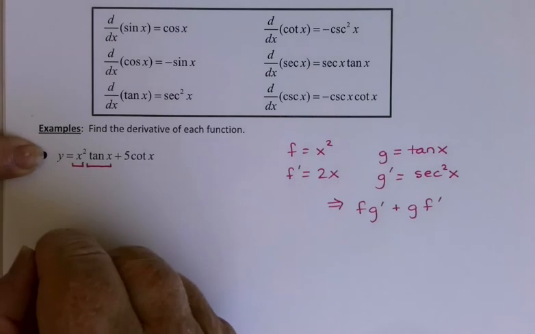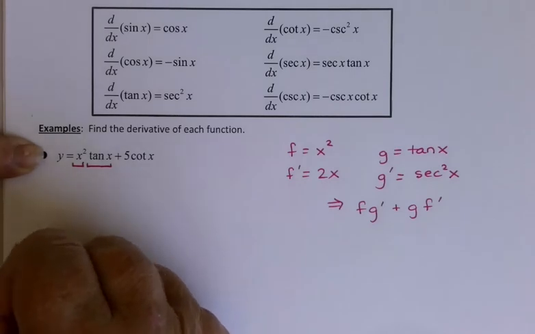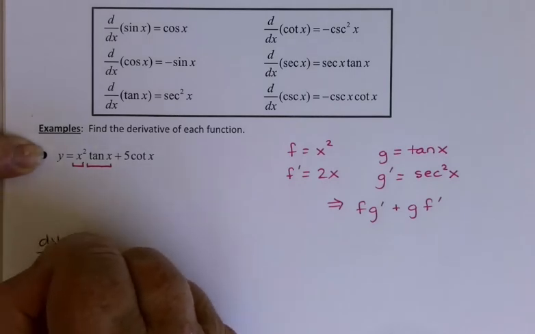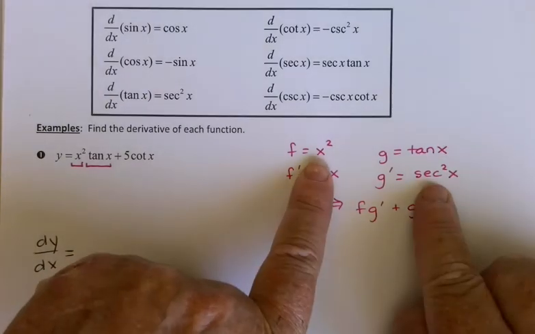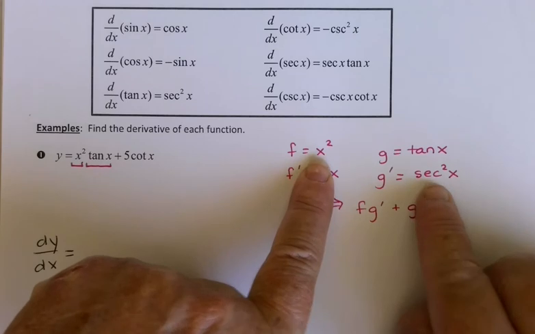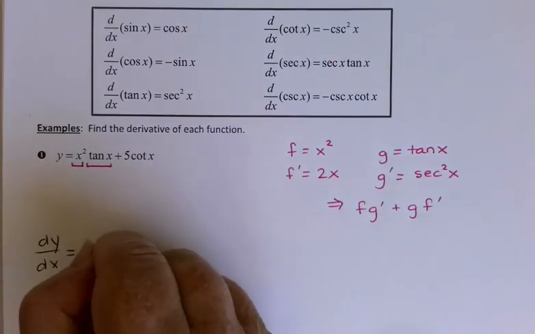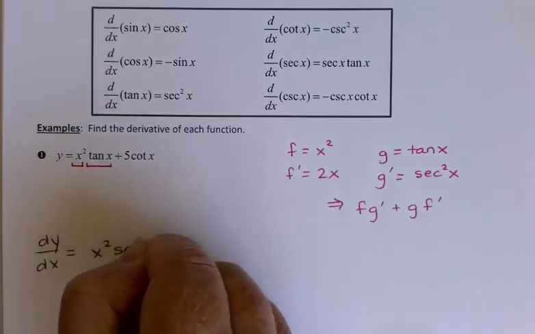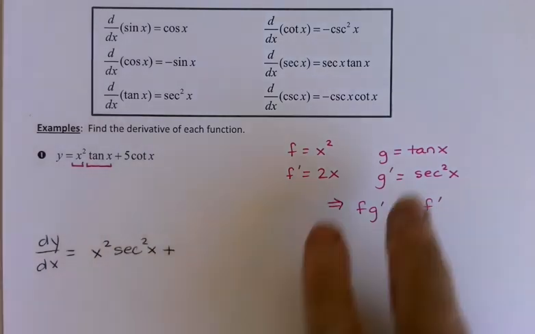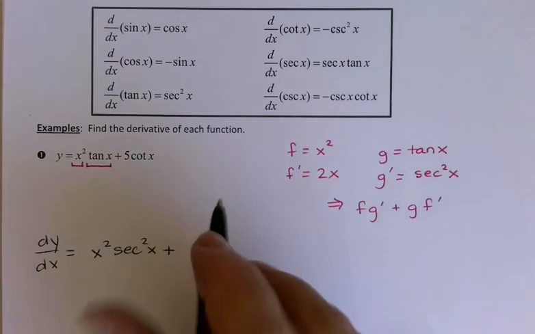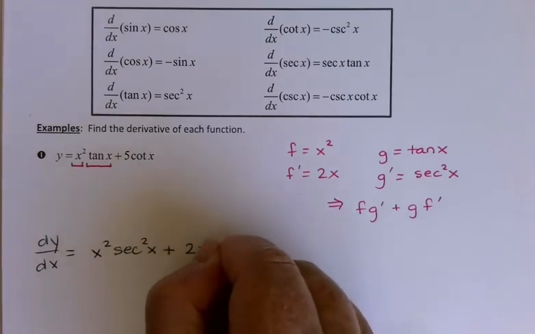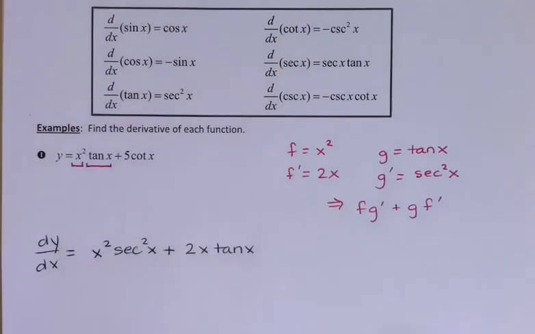This is a product, so we're going to go with fg prime plus gf prime. So the derivative I'm looking for, dy dx, is fg prime, x squared times secant squared x, plus gf prime, 2x times tangent x. And notice I'm starting to just kind of look at these before I write them down so I get my factors in the order that I like to see them.